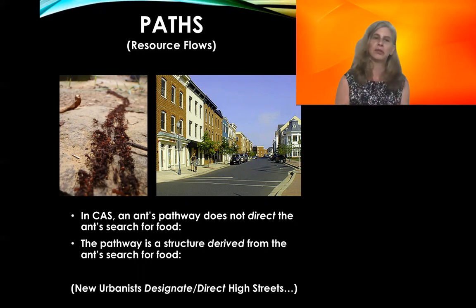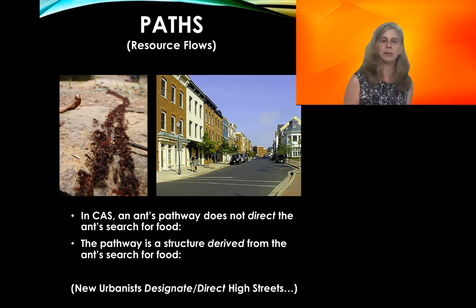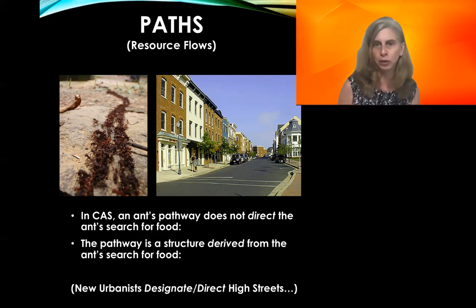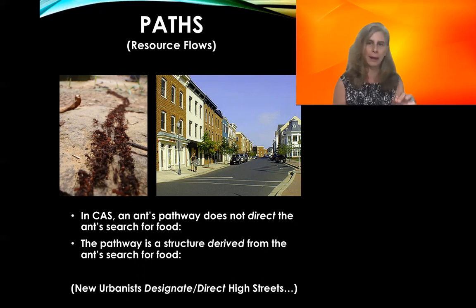So these resource flows, when we think about them in complex systems, what does that represent? A pathway. And so here's ants forming a pathway. In a complex system, the ant's pathway isn't directing the ant's search for food. Let me clarify what I mean by that.